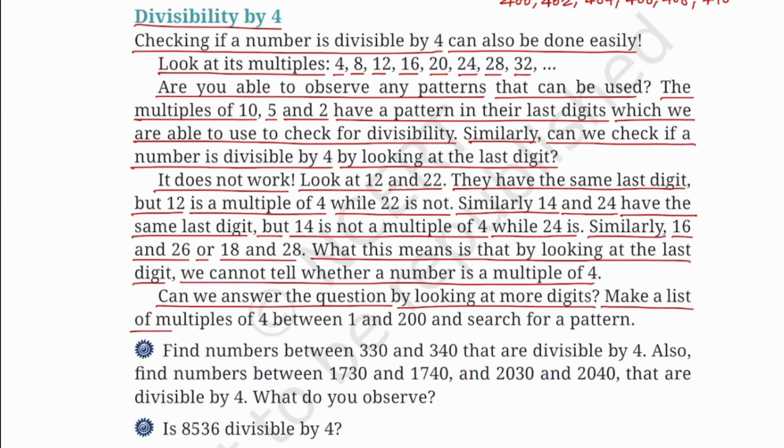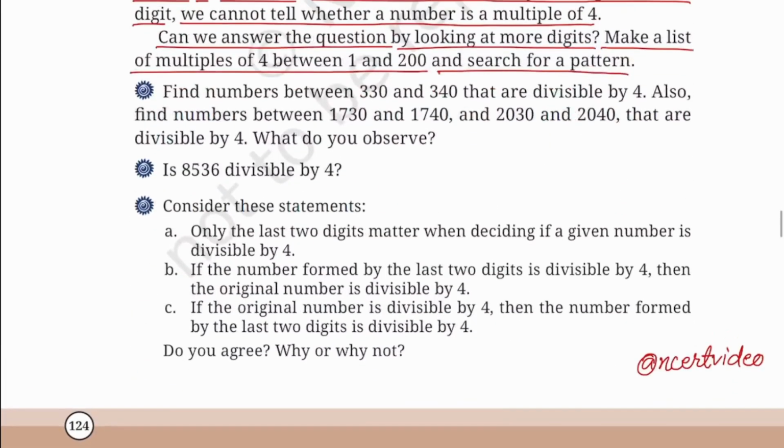Make a list of multiples of 4 between 1 and 200 and search for a pattern. Find numbers between 330 and 340 that are divisible by 4.